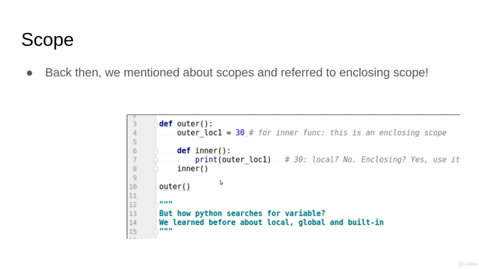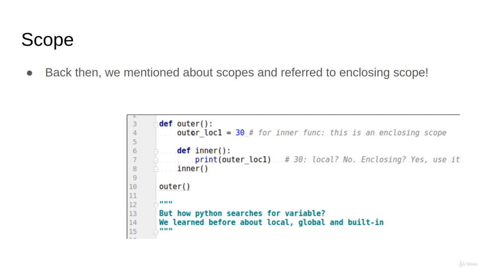For example, here the inner function has an enclosing variable, which is outer local 1.